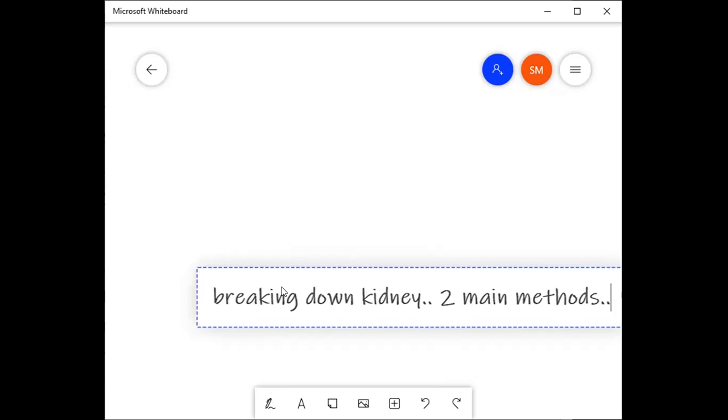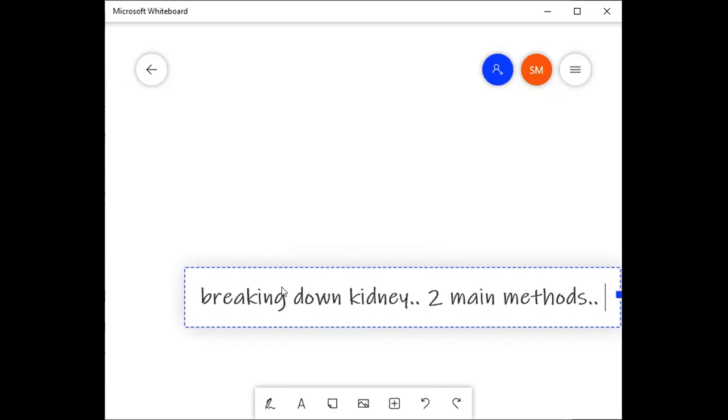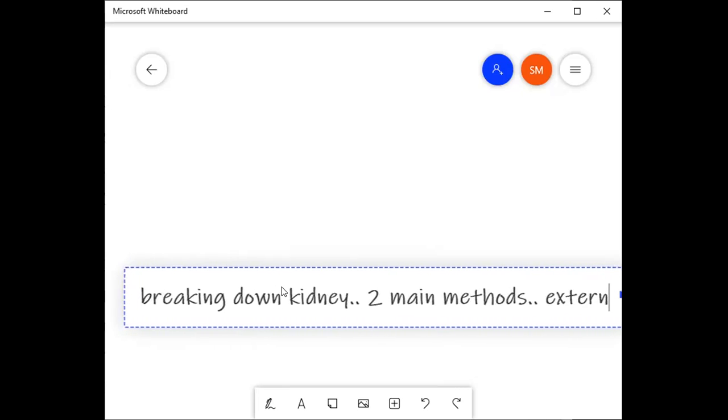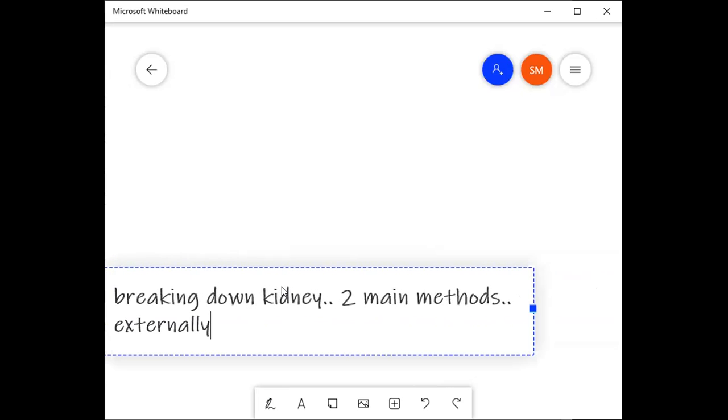Before telling you the names, one is that you apply shocks just externally, and one is that we insert a tube into the kidney and then we apply the shock waves.